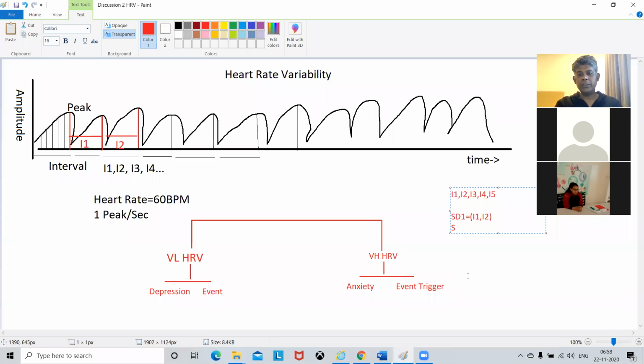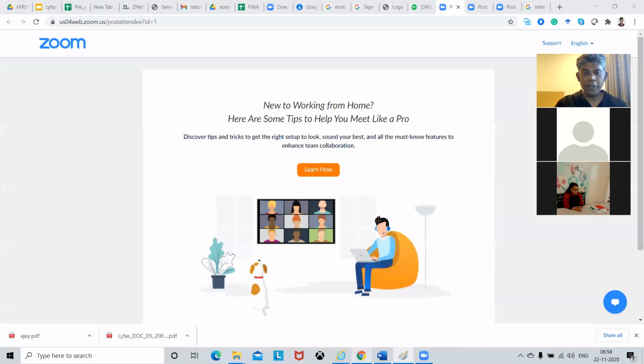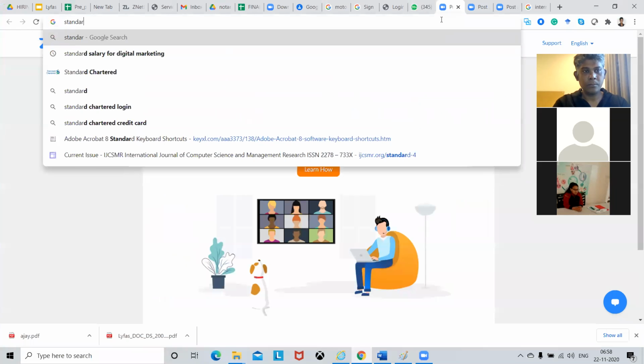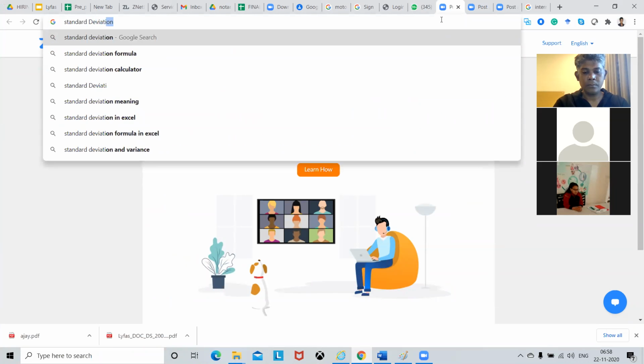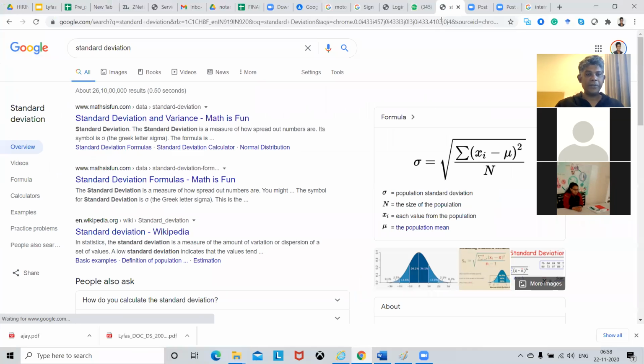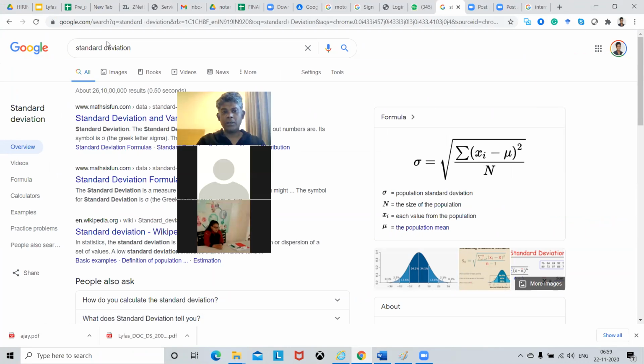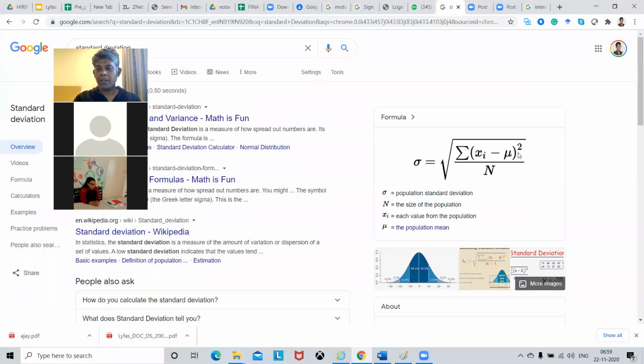So SD2, standard deviation 2, is calculated from I2 and I3. If you want to look into what standard deviation is, you can. Standard deviation is calculated using the mean of a sample and the specific sample itself.